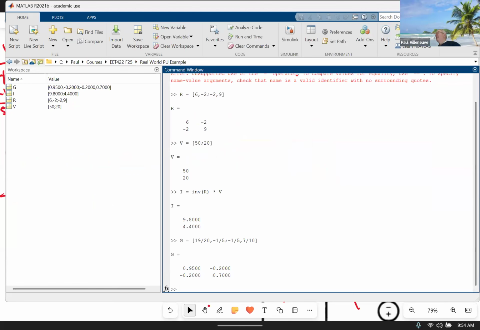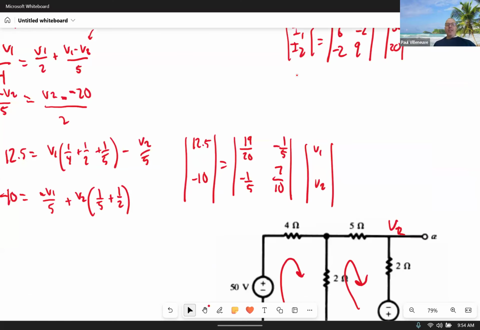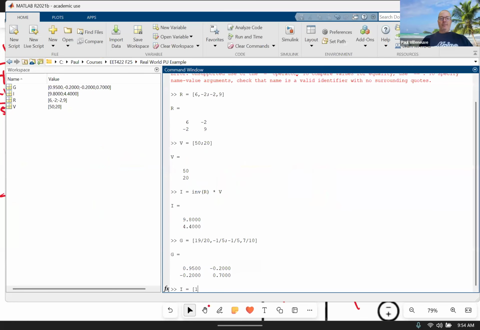That's my G matrix, my conductance matrix. Okay. Now I've got to go ahead and solve for my current matrix, because over here, these are actually currents, are they not? They're not voltages, they're currents. So I have 12.5 and minus 10.